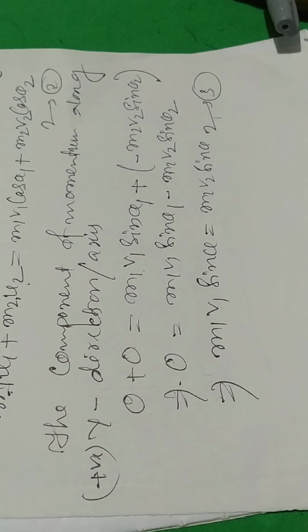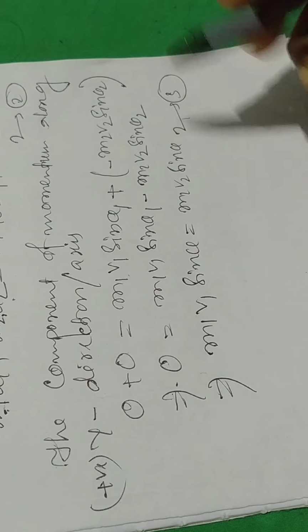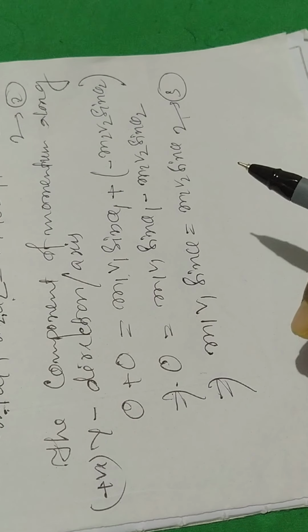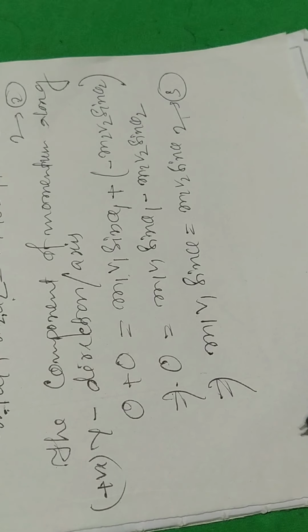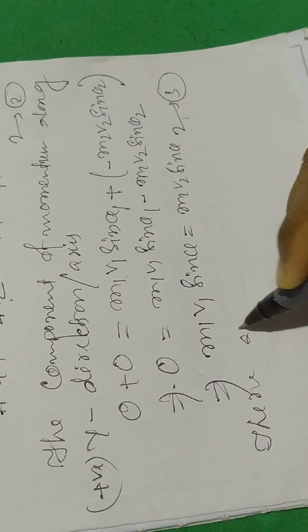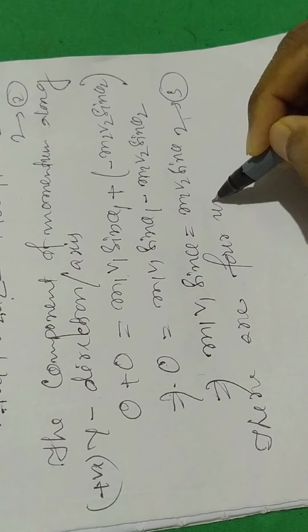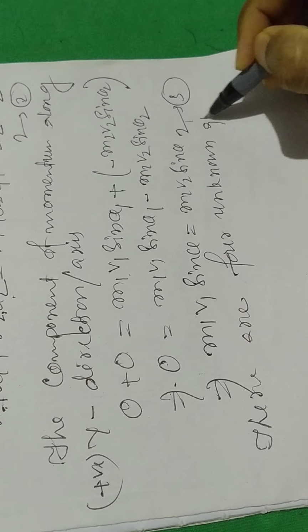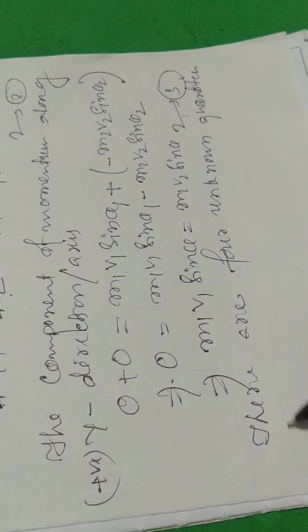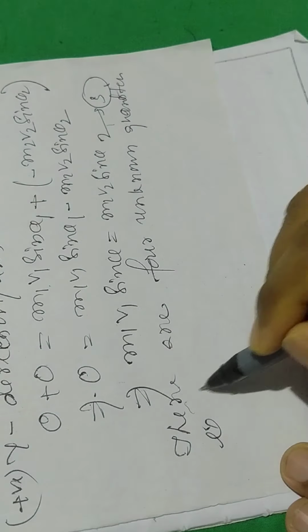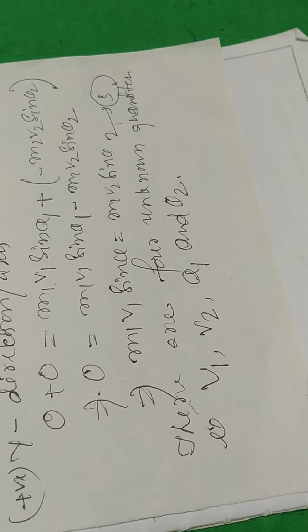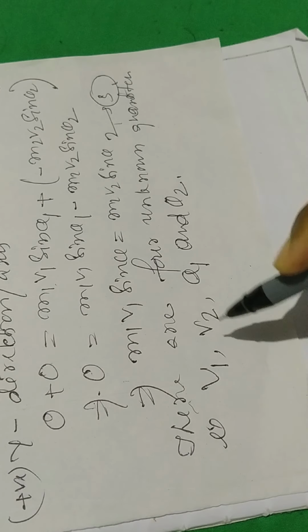But there are 4 unknown quantities, that is v1, v2, theta 1 and theta 2. We have 3 equations but 4 variables.